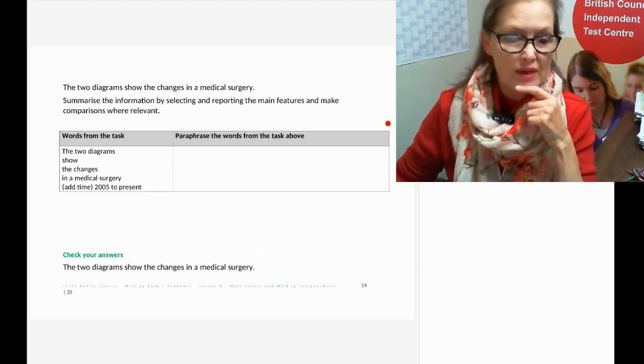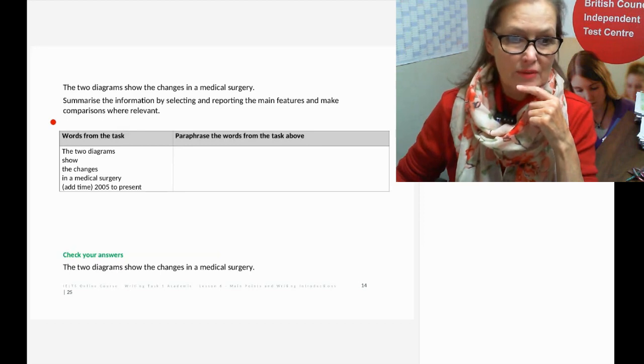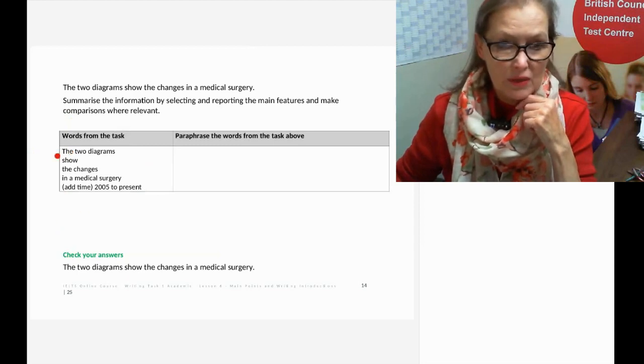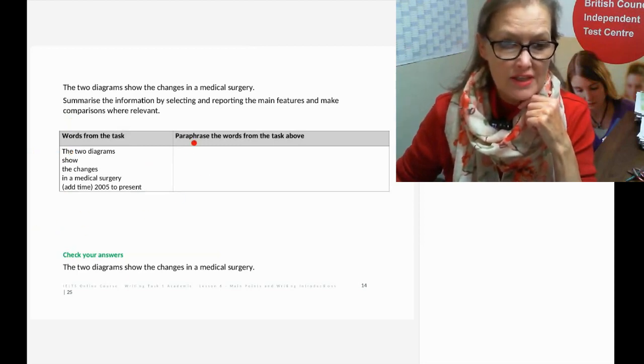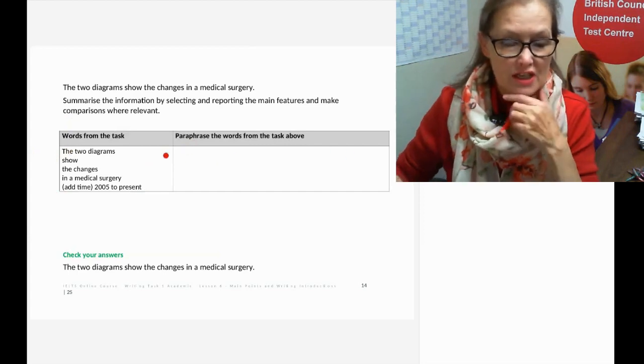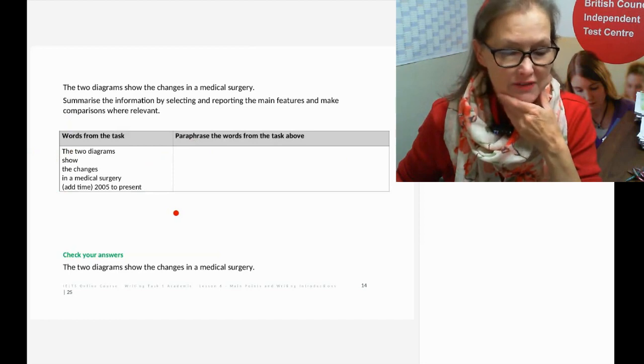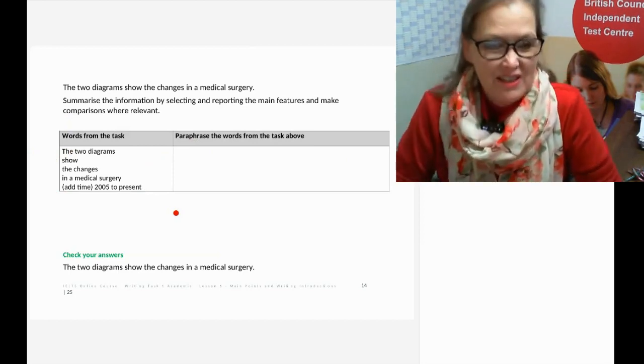So there's your given task, the 2 diagrams, and what I've done is I've put it in this box here on the left-hand side. And what I want you to do now is just practice, how would you rewrite this introduction? How would you change each part of this? I'm going to give you 2 minutes to do that.